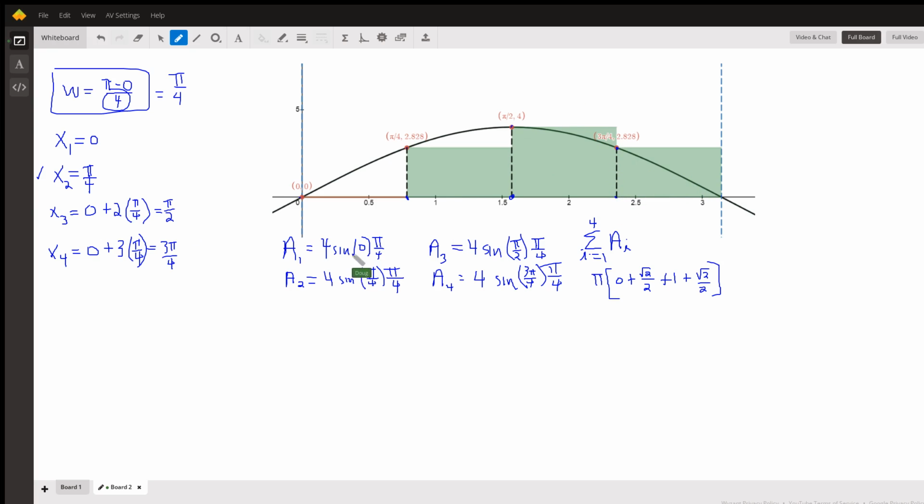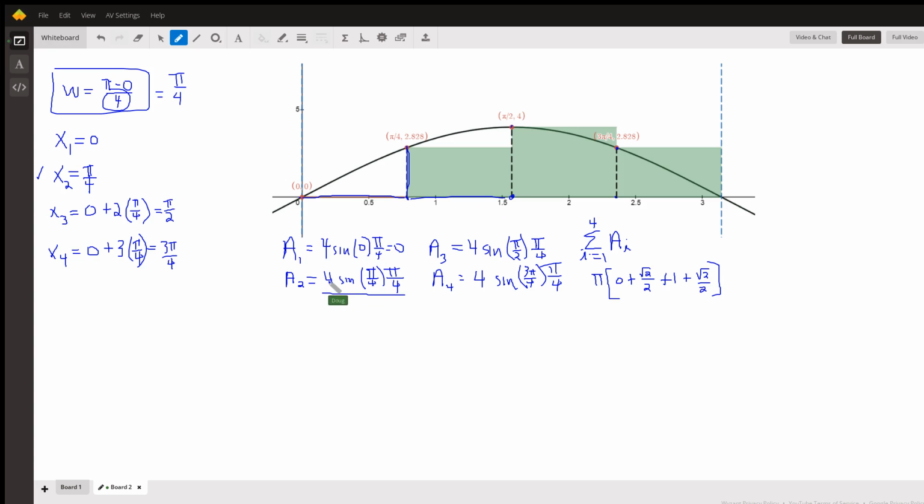So the area of the first rectangle we already know is 0, depicted by this red line right here, because the sine of 0 is 0. The area of the second rectangle: the height is put pi over 4 into the function, multiply by the width, and you've got the area of the rectangle, which is represented by this.